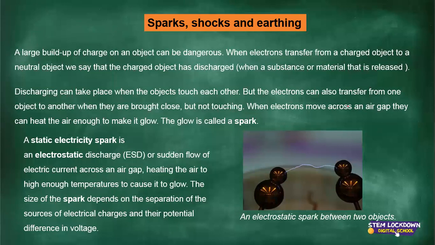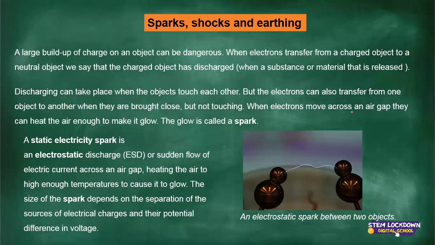But electrons can also transfer from one object when they are brought close together without touching. So that means that now the electrons, if they are brought close together, like you can see in this picture I have at the bottom. So if these two objects are brought close together, but they're actually not touching, we can say that the electrons can transfer as well, right? It can move from one object to the other.